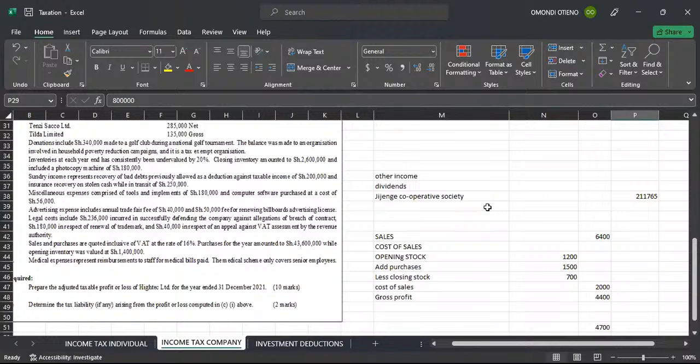So we are not supposed to subject it to another tax. So ingekuwa Uganda, Ethiopia, still it is tax exempt. It is exempted from tax. So this is what I was saying.